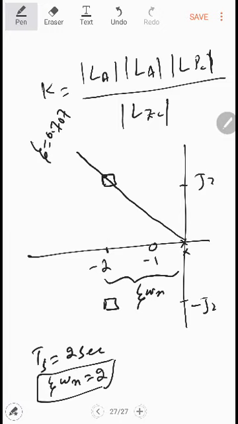We also found this value from the angle, because if zeta is equal to 0.707, then this angle is equal to 45 degrees, and then this length and this length will become equal. So we have this information, and we have another pole at -6.